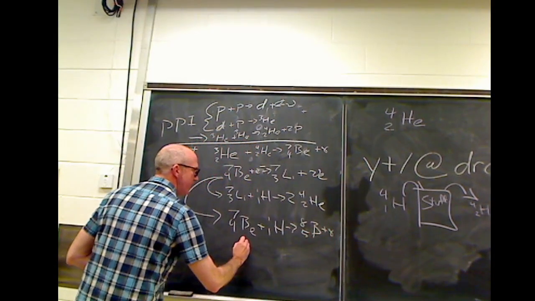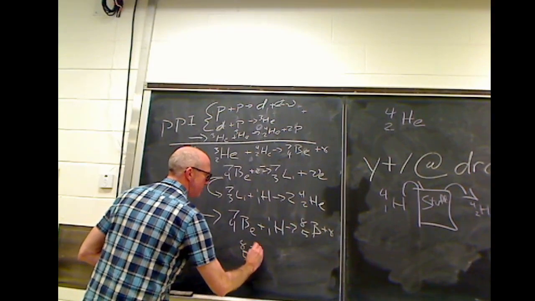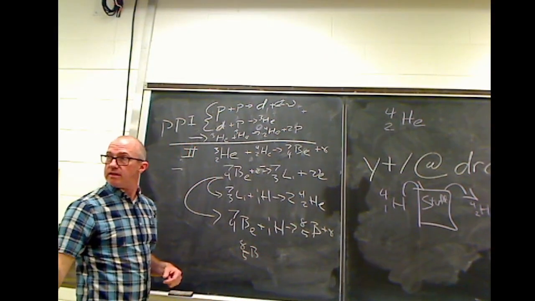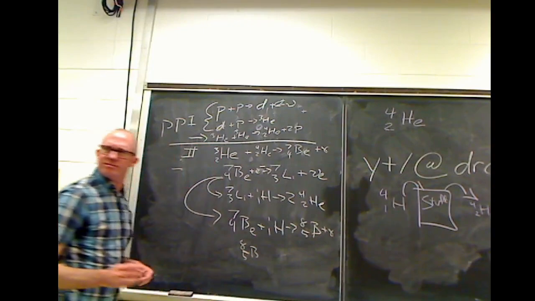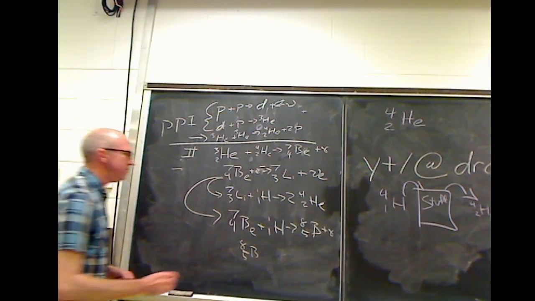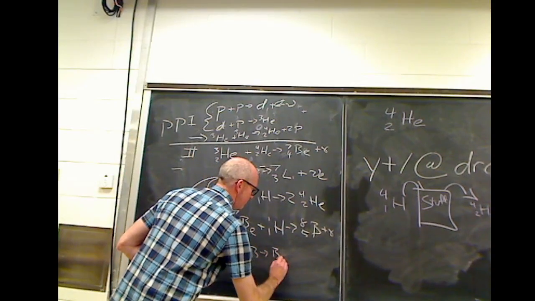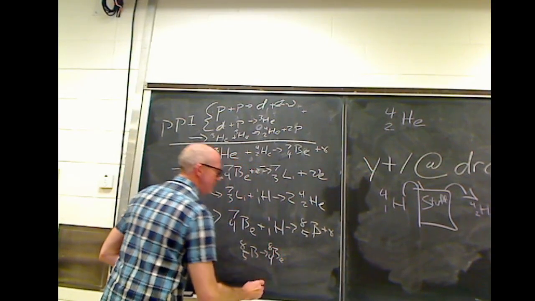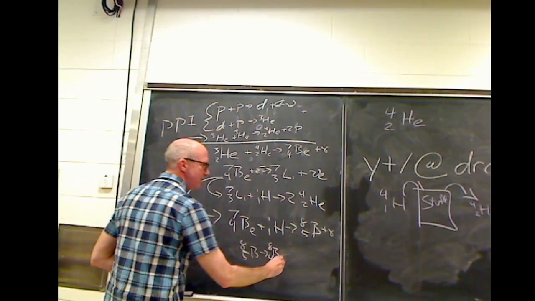And then this boron decays into a beryllium, sorry. Now we have the right number of protons and the right number of neutrons.